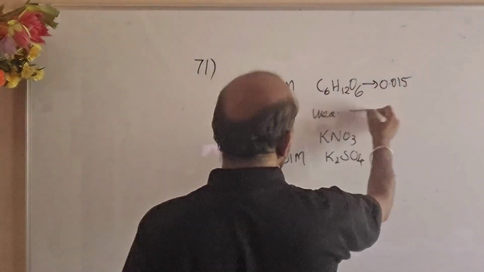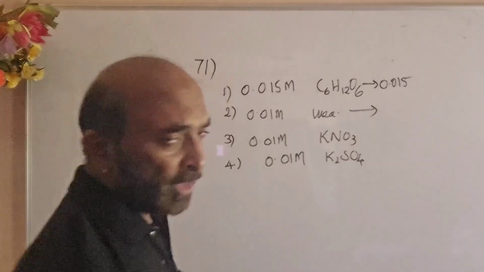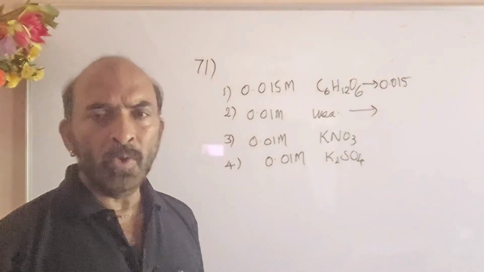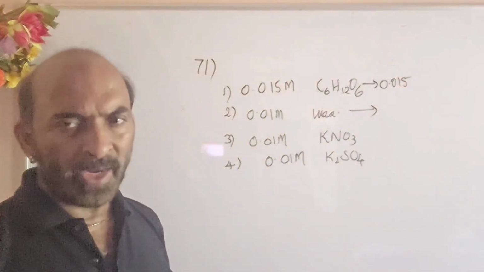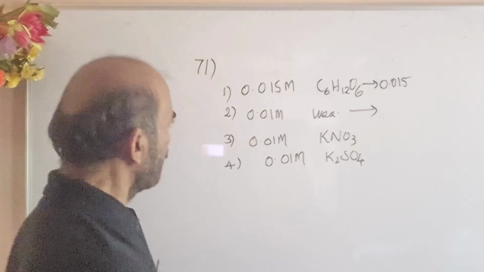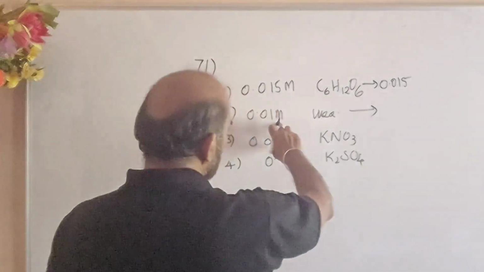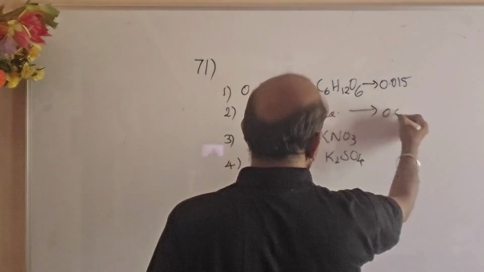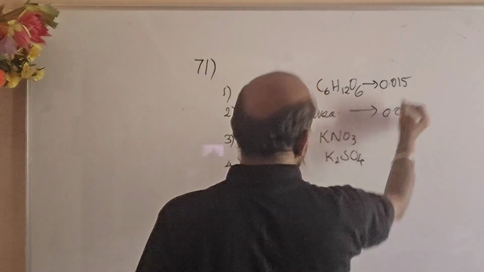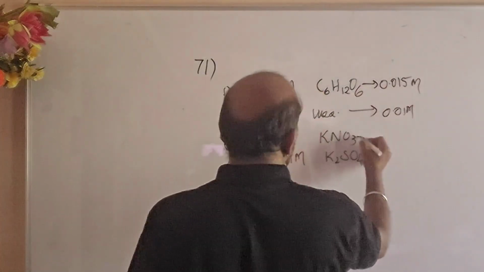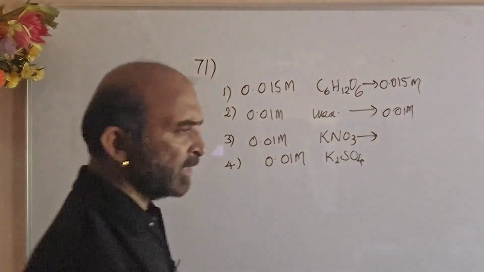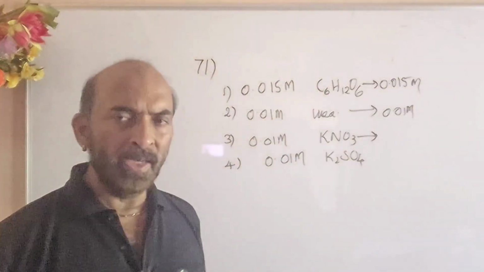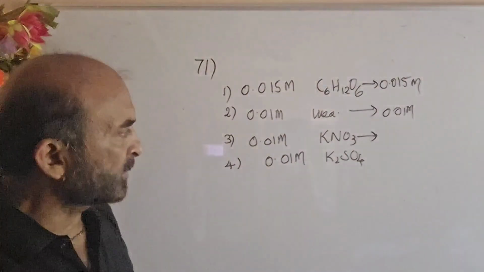Second case, urea. Urea is also a non-electrolyte, non-ionic. So here also there will not be any change in concentration. But KNO3 is an ionic electrolyte, a strong electrolyte which ionizes.